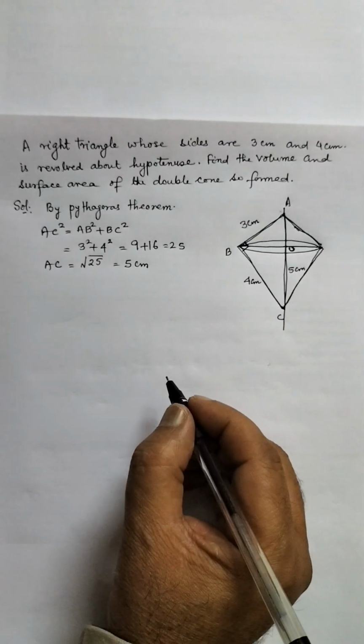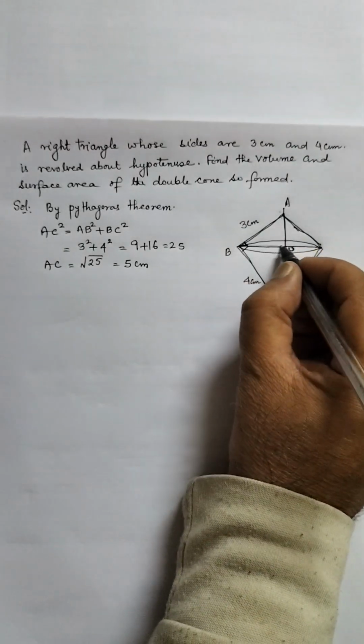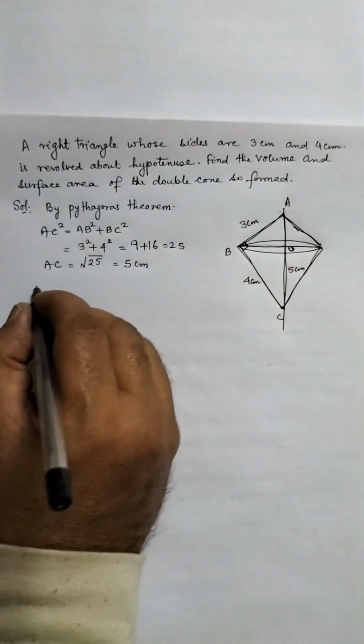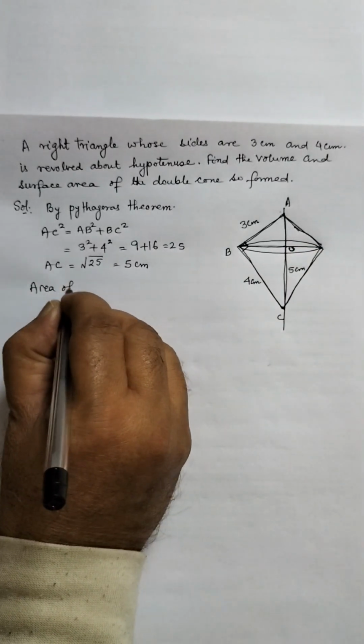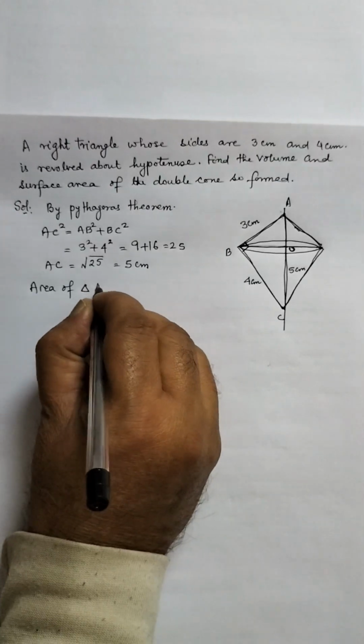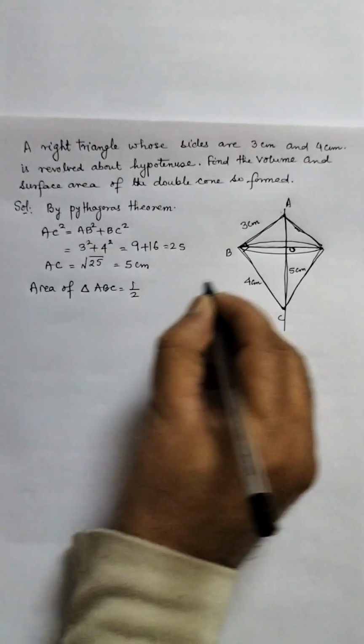Now in order to calculate this radius, let me consider area of triangle ABC is half base.